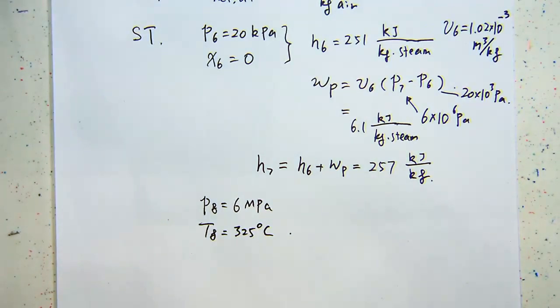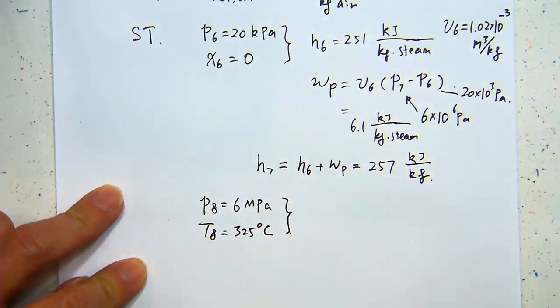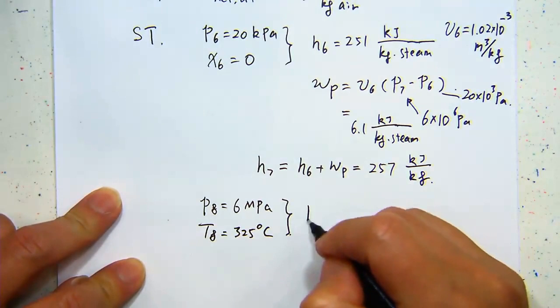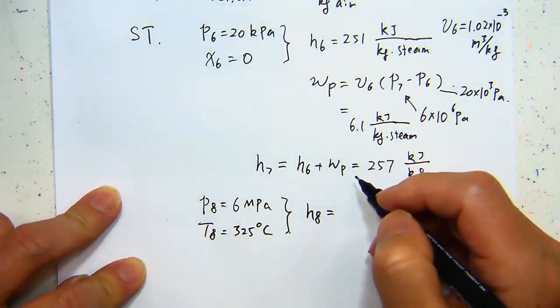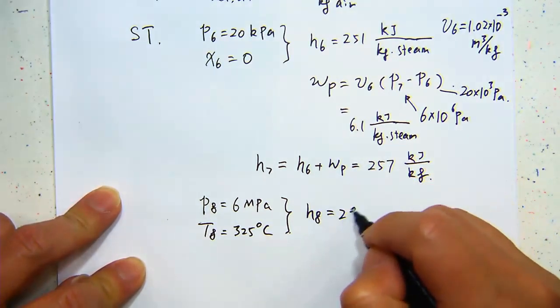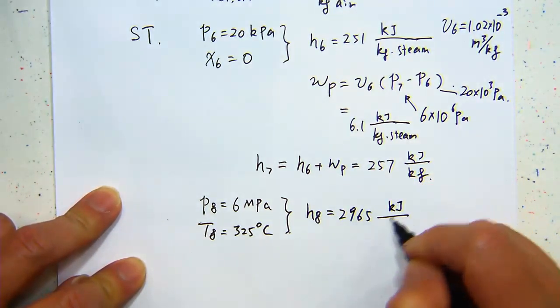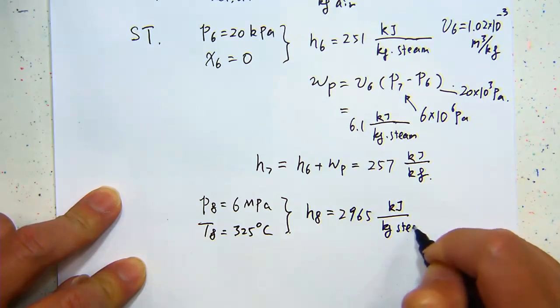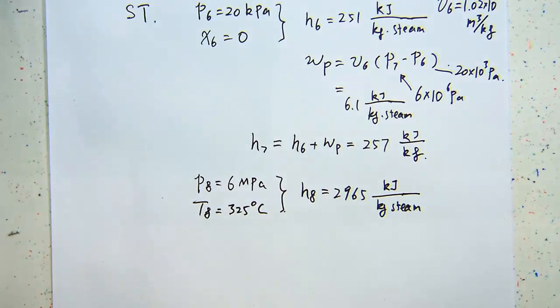Then we just go to the superheated table to find the enthalpy there, which is 2965 kilojoule per kilogram. All right, so that's state 8, superheated steam.